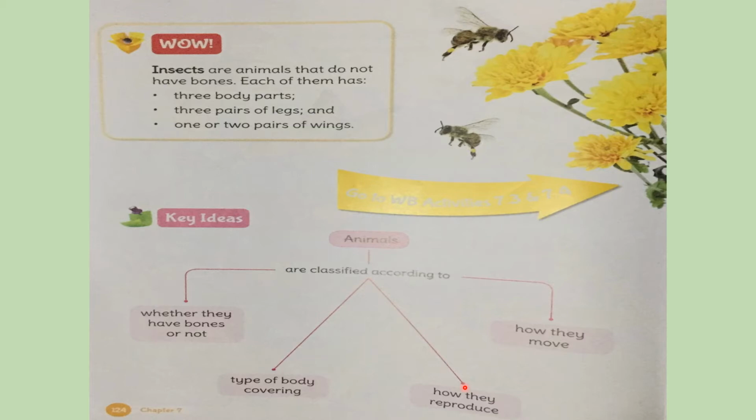And also the animals that lay eggs. The examples of them are chicken, turkey, frog, crocodile, alligator, lizard, and also ostrich. So those are the animals that lay eggs.